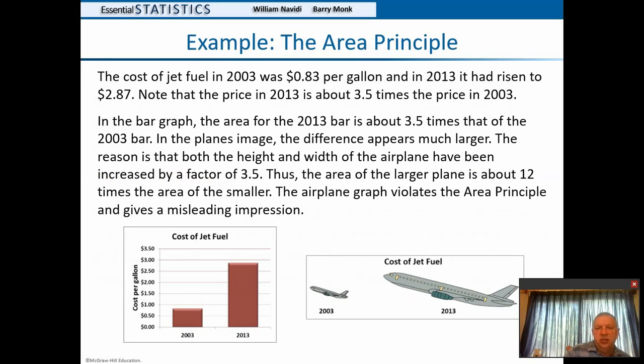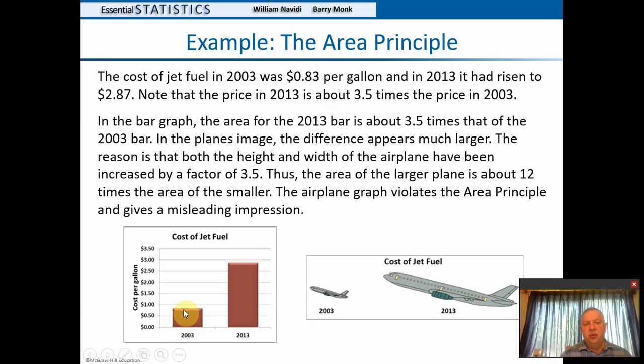So here's the problem if we're not aware of the area principle. Here are 2 different ways. The cost of jet fuel in 2003 was 83 cents per gallon, and in 2013 it had risen to $2.87. So note that the price in 2013 is about 3.5 times the price in 2003.